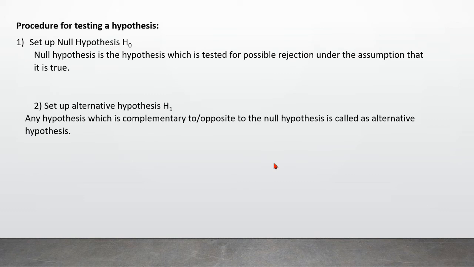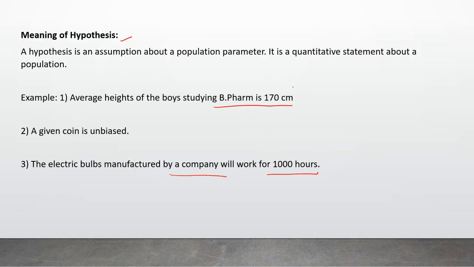Now let's move further. Now this assumption, whether the average height of the boys studying in B.Pharm is 170 centimeter or not. Suppose we consider our college or our semester 8 class, and there are 30 boys.